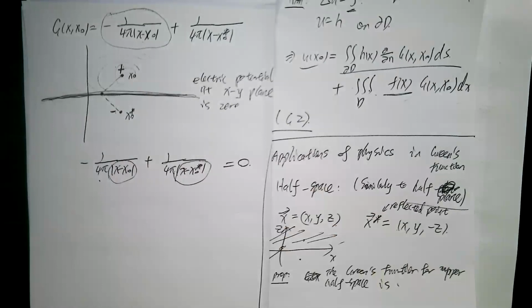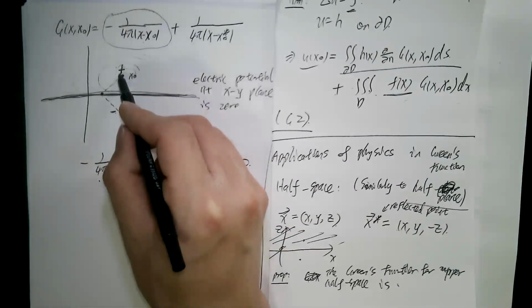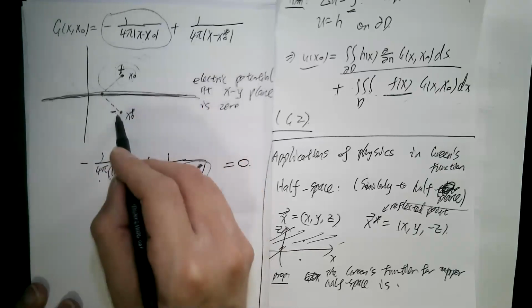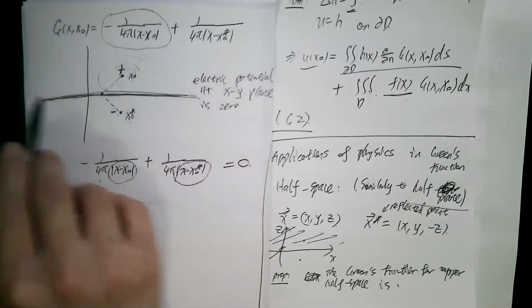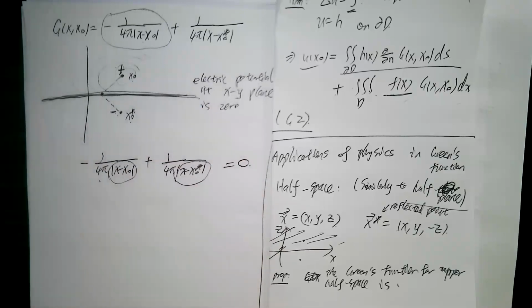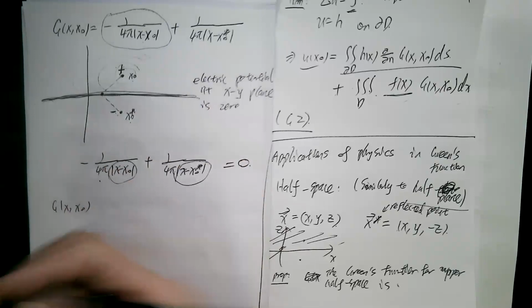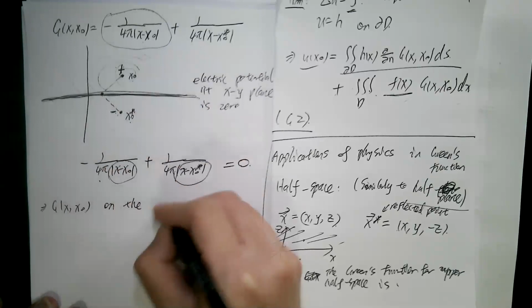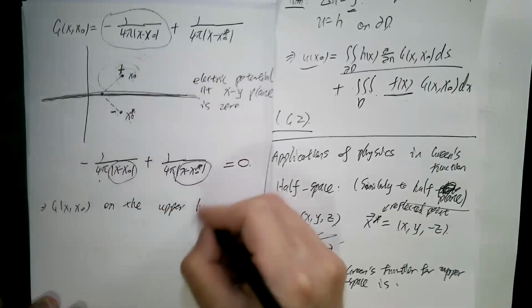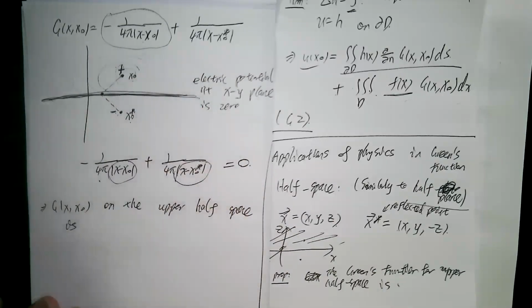So the electric potential at the xy plane is 0. If you put one positive electron at x0 and one negative electron at x0 star, then at this xy plane you don't have any potential. This is the reason why G_x0 on the upper half space is this guy.